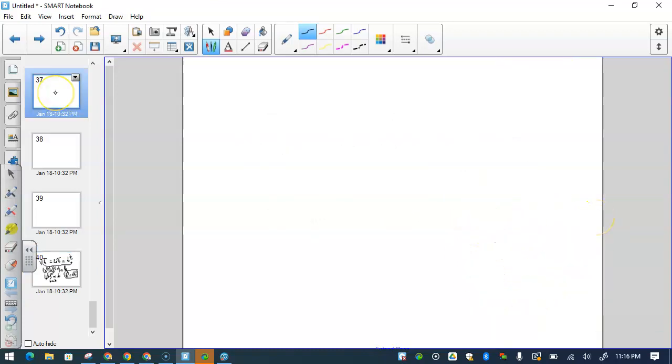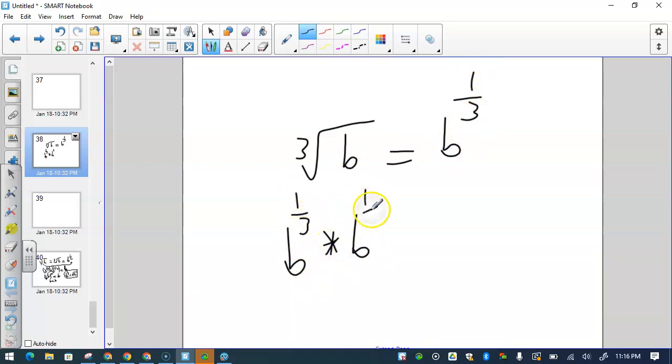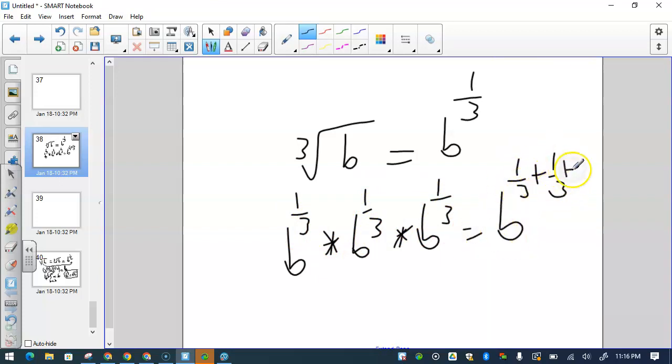The second thing you should also know is, if you have the cube root of b, this means it is b raised to 1/3. Because if you multiply b raised to 1/3 three times, you get b raised to 1/3 plus 1/3 plus 1/3, which is b, right?